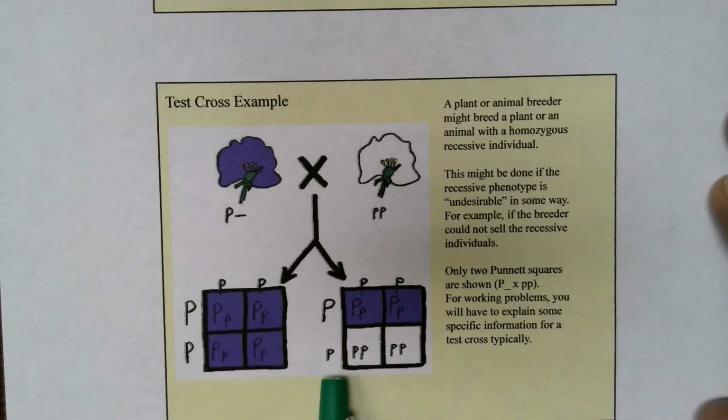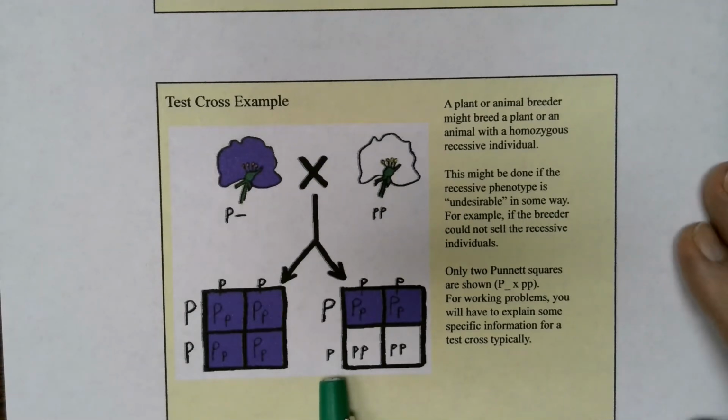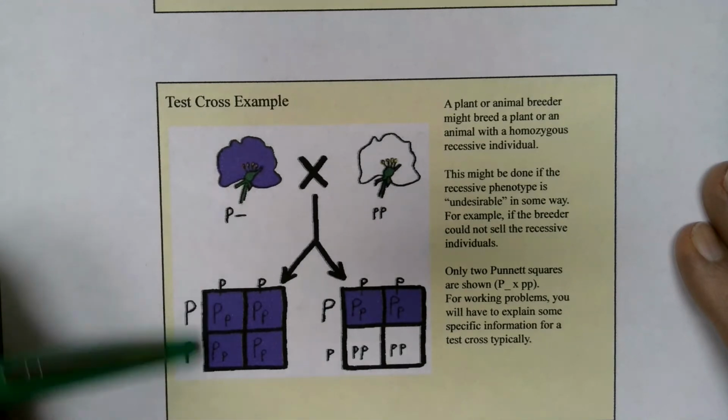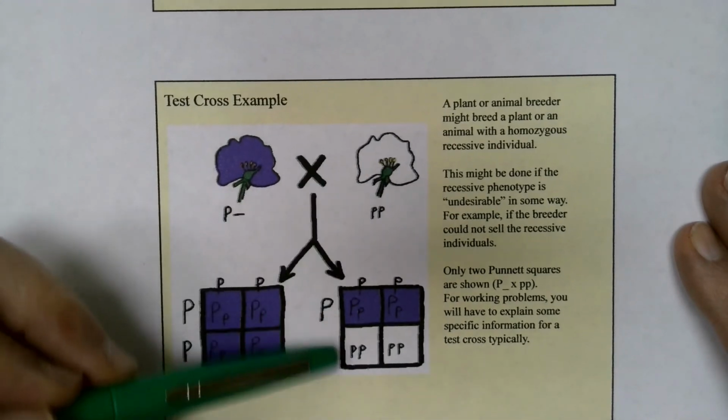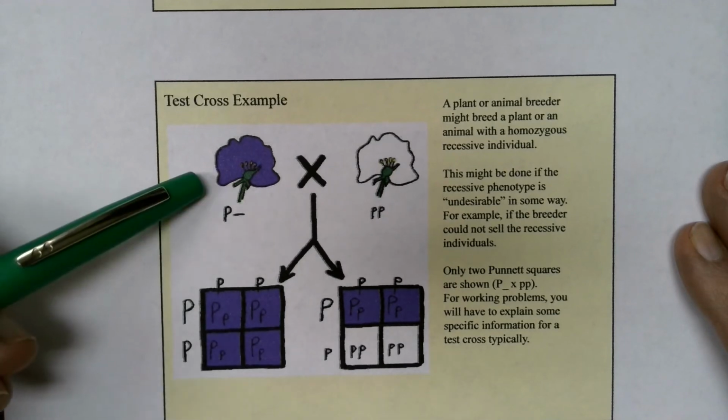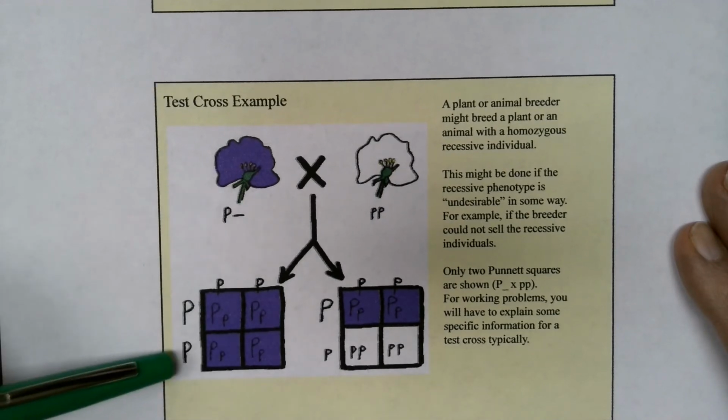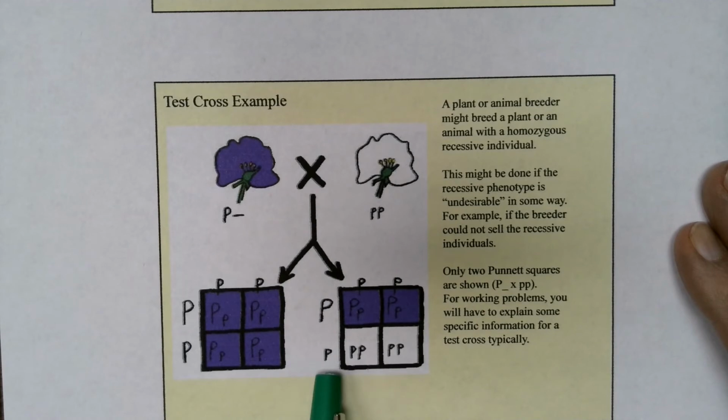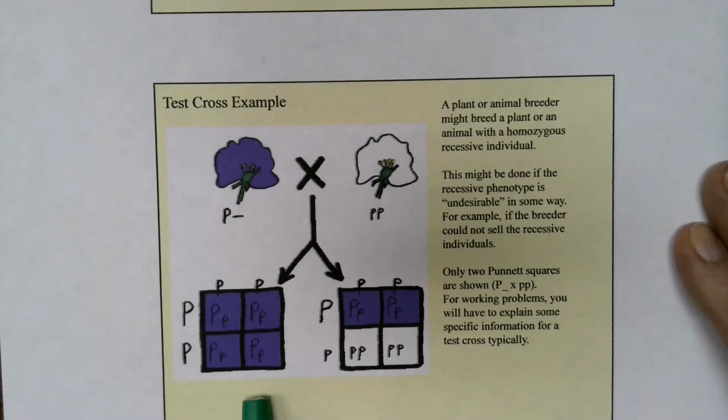Then over here we've got our parent plant that's purple that's heterozygous, okay, with our known homozygous recessive white plant. Now in the grand scheme of things, this plant right here and this plant are one and the same, because we just don't know what that second allele is in this plant, because all we can see is that it's purple, okay?